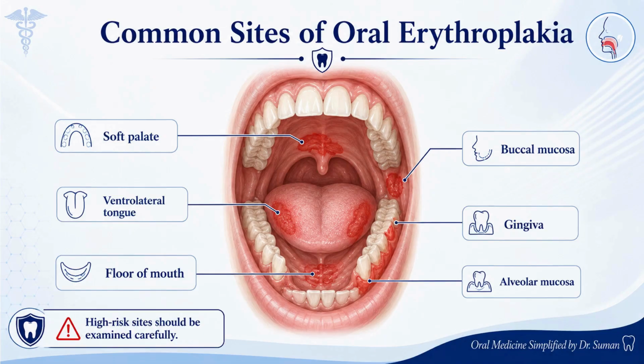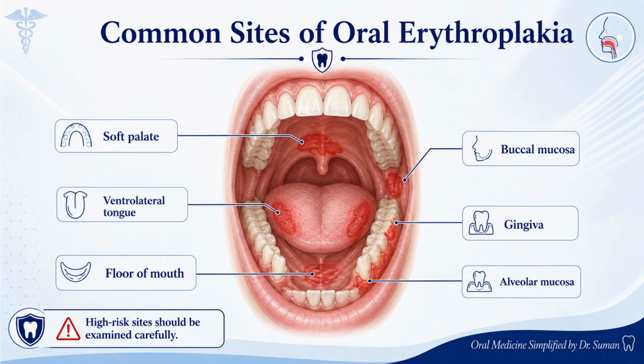Erythroplakia can occur at several oral sites, including the floor of the mouth, ventrolateral tongue, soft palate complex, buccal mucosa, gingiva, and the alveolar mucosa. Site matters because certain areas of the oral cavity are considered higher risk for dysplasia and carcinoma.